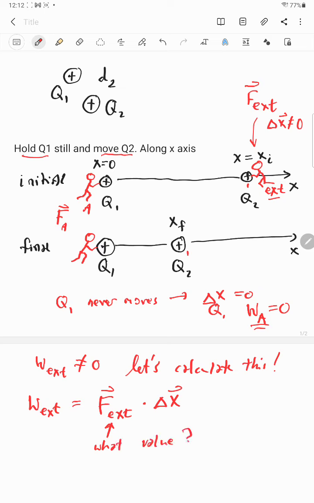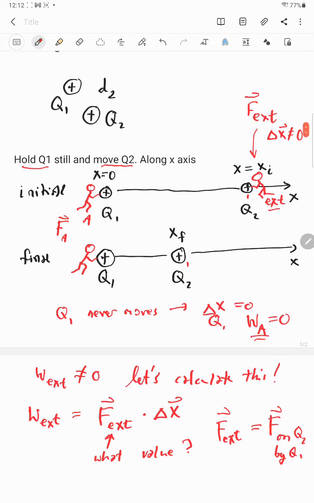Right? So remember that what the person needs to do is basically accomplish the task of overcoming the force on charge Q2 by Q1, right?